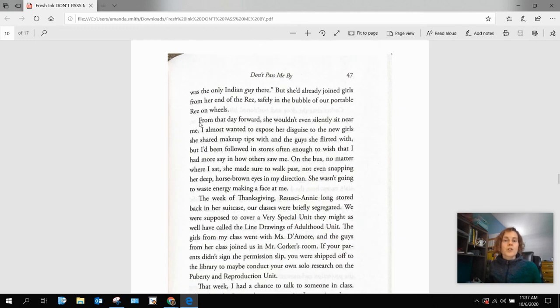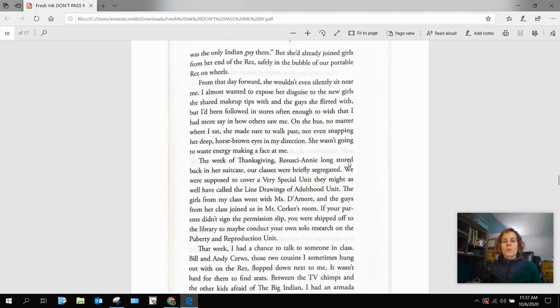From that day forward, she wouldn't even silently sit near me. I almost wanted to expose her disguise to the new girls she shared makeup tips with and the guys she flirted with. I had been followed in stores enough to wish that I had more to say in how others saw me. On the bus, no matter where I sat, she had made sure to walk past, not even snapping her deep, horse brown eyes in my direction. She wasn't going to waste energy making a face at me.